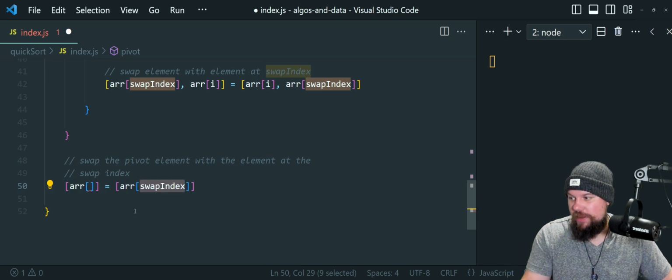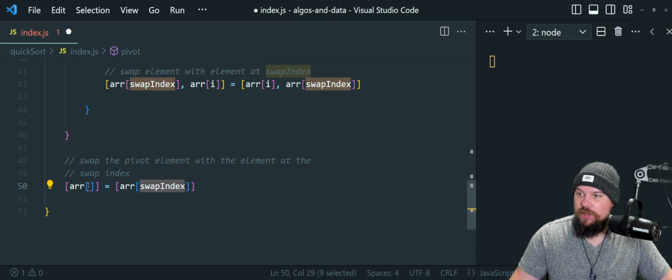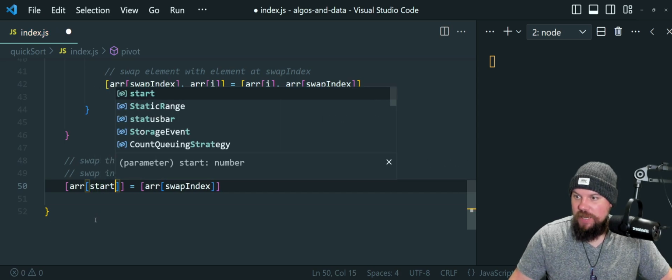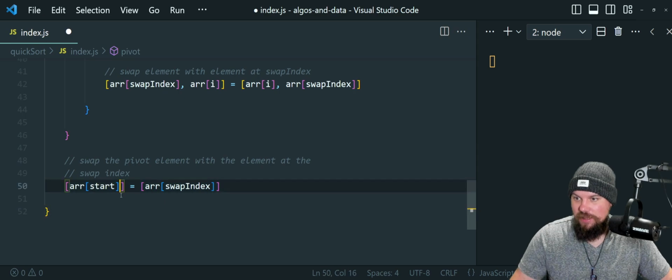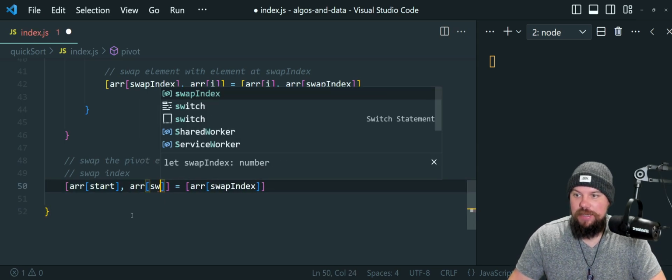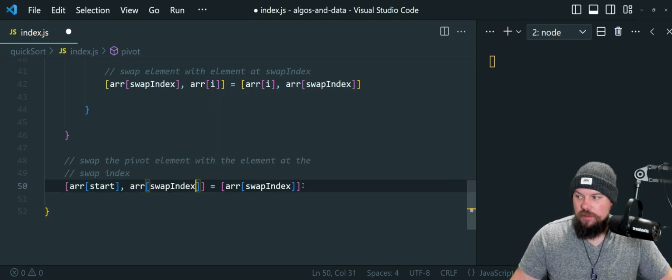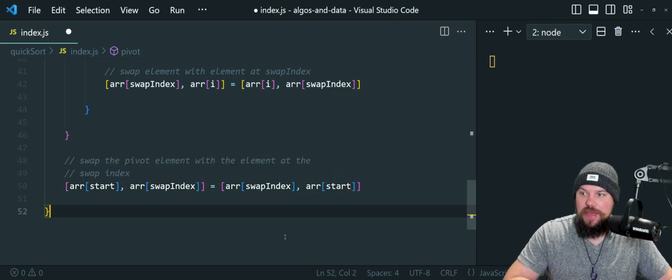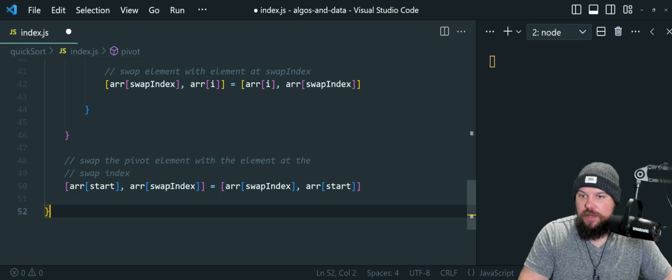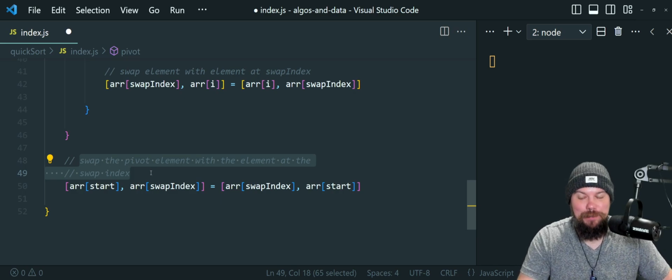Okay, we swap the pivot element with the element at the swap index. That'd be the pivot array start, right? With the swap index. And then we have to take what was at the swap index and move it to where our pivot was, like that. So that's why we end up with that value here. That's what we're doing here. Yeah. So swap index goes to start goes to swap index. That is what this comment is supposed to be telling me to remind me how to write this.